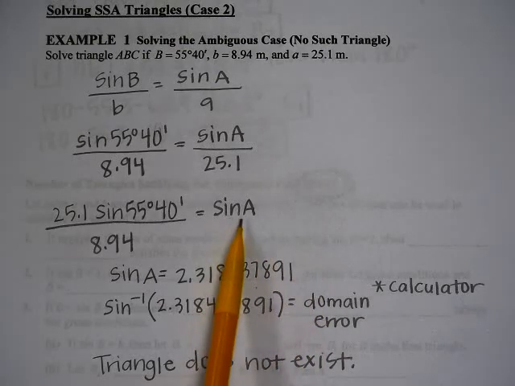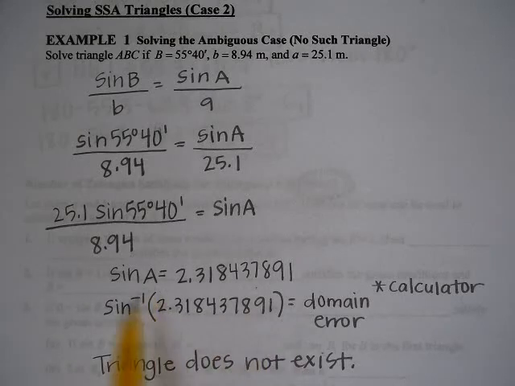But if we're solving for an angle measure, then how do we have to put that in our calculator? Using what? The inverse function, okay? So that's what we did here: we put this in our calculator using the inverse function, taking sine inverse of 2.3184378991. And when we did that, what happened? We got a domain error, right?